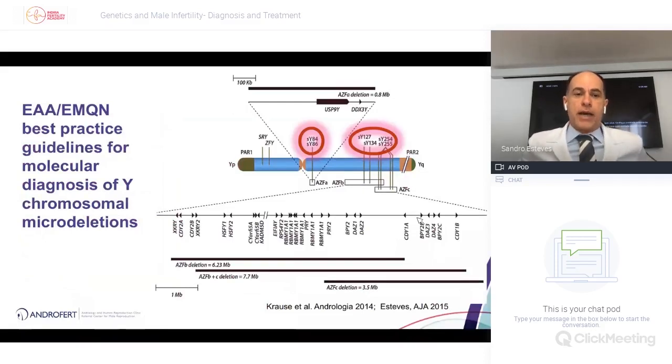When we go for the Y chromosome microdeletion screening, it's important that, if you use different laboratories, they communicate and report the same way. The European Association of Andrology has published guidelines for molecular diagnosis of Y chromosome microdeletions.